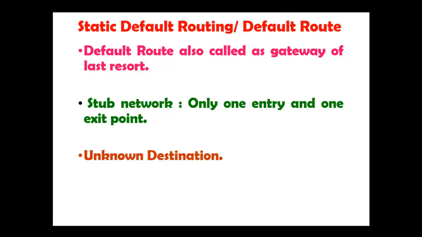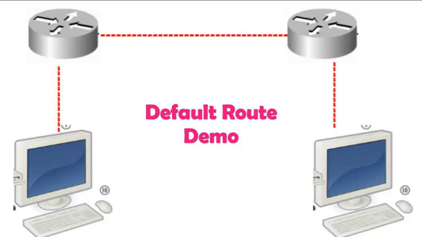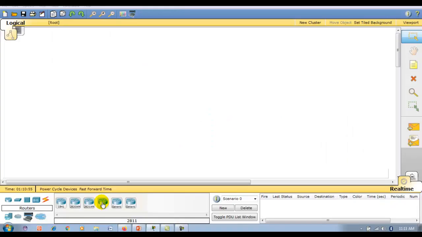Let me show you this practically in Cisco's Packet Tracer. So let me jump to Cisco's Packet Tracer. Okay, let me take the first 3 routers. First I am going to build the topology, as a revision for you. Then I will configure the default routing.